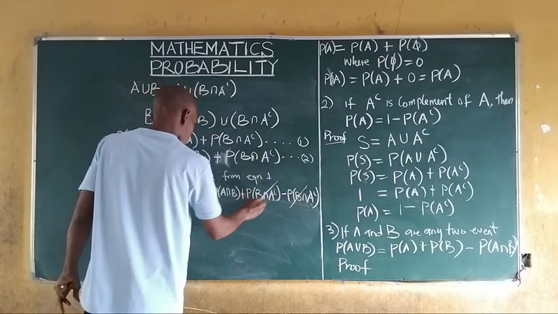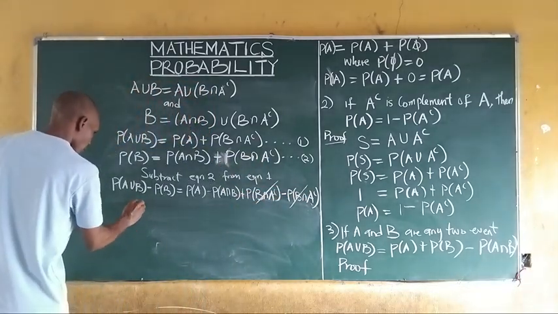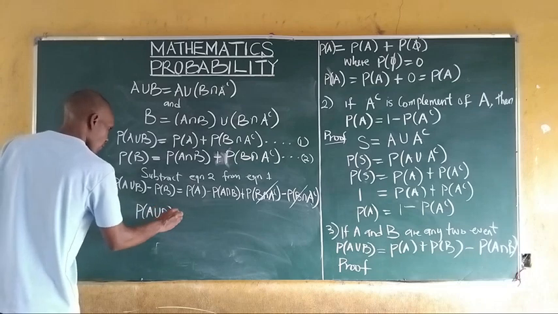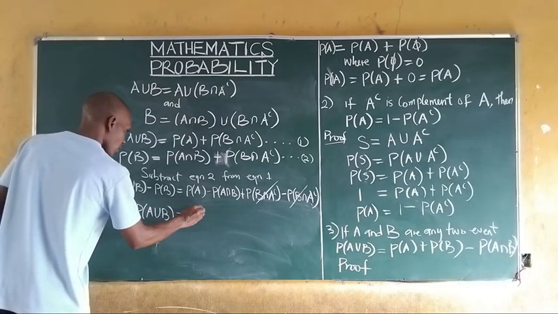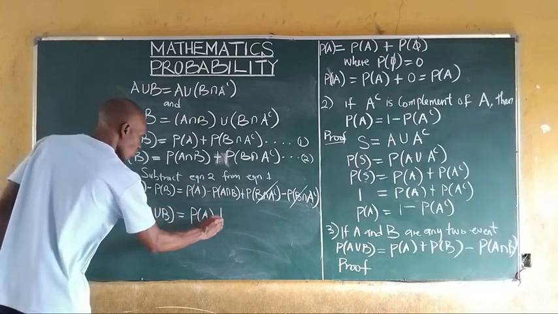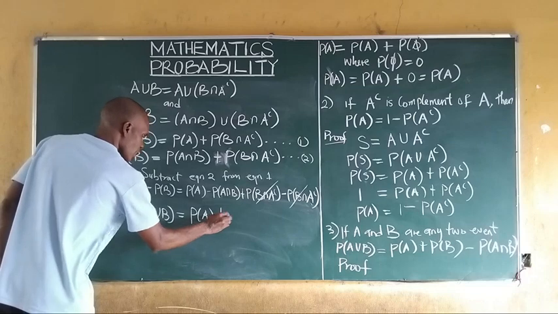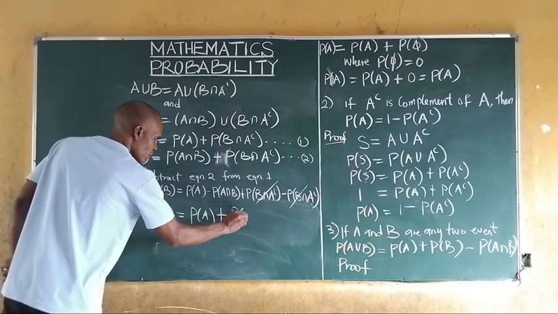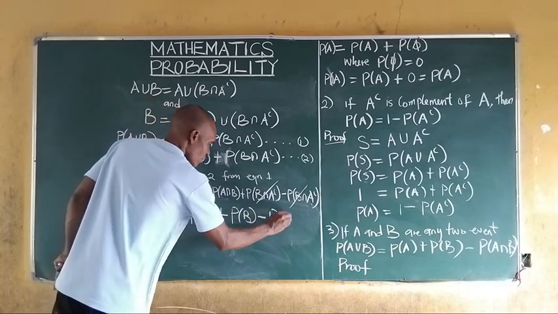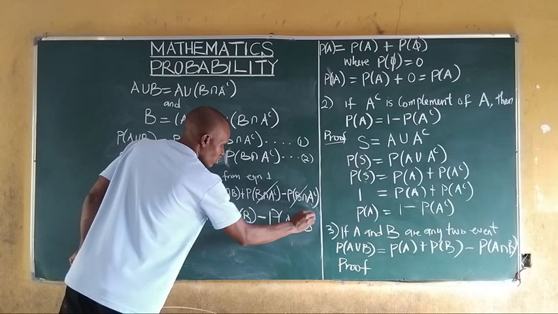So this will cancel this. We will now be left with the probability of A union B is equal to the probability of A. We bring this over and it turns to plus. So we have the probability of B minus the probability of A intersection B.